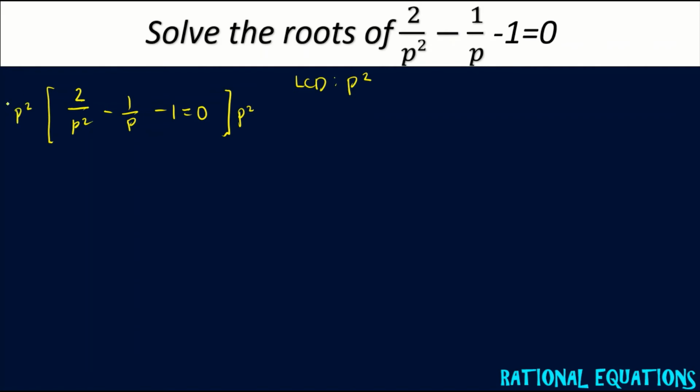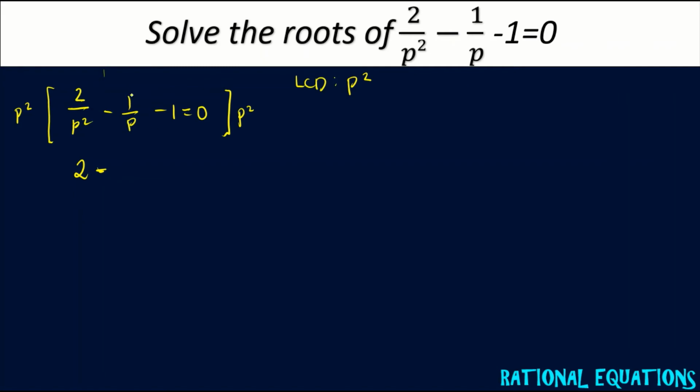Okay, and then after getting the LCD, yung LCD natin, i-divide sa denominator, and whatever the answer of it, i-times natin sa numerator para ma-eliminate ang fraction. So, p squared divided by p squared, that is 1. Okay, times 2 equals 2. Okay, so tapos na tayo sa first term. And then for the second term, p squared divided by p equals p.